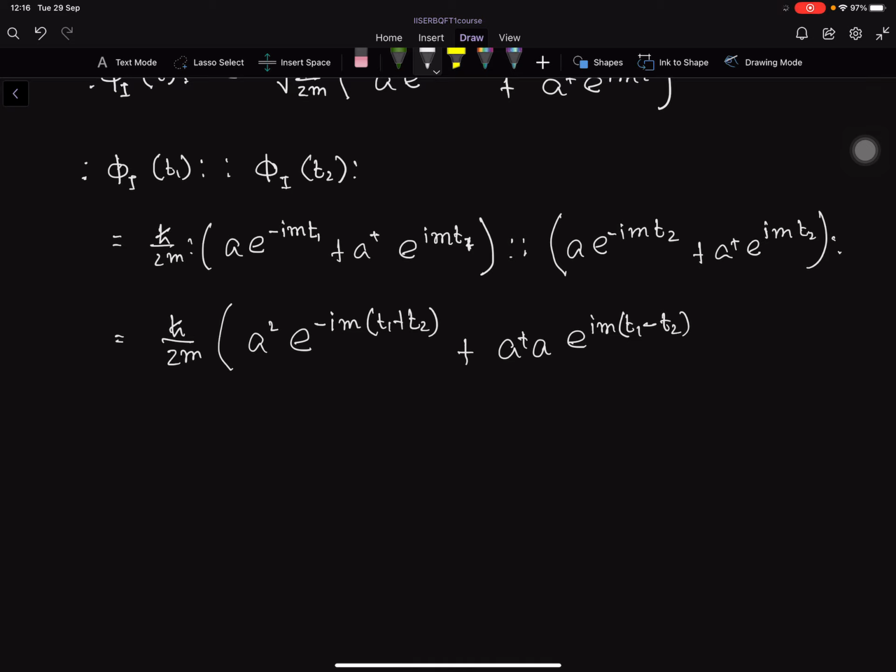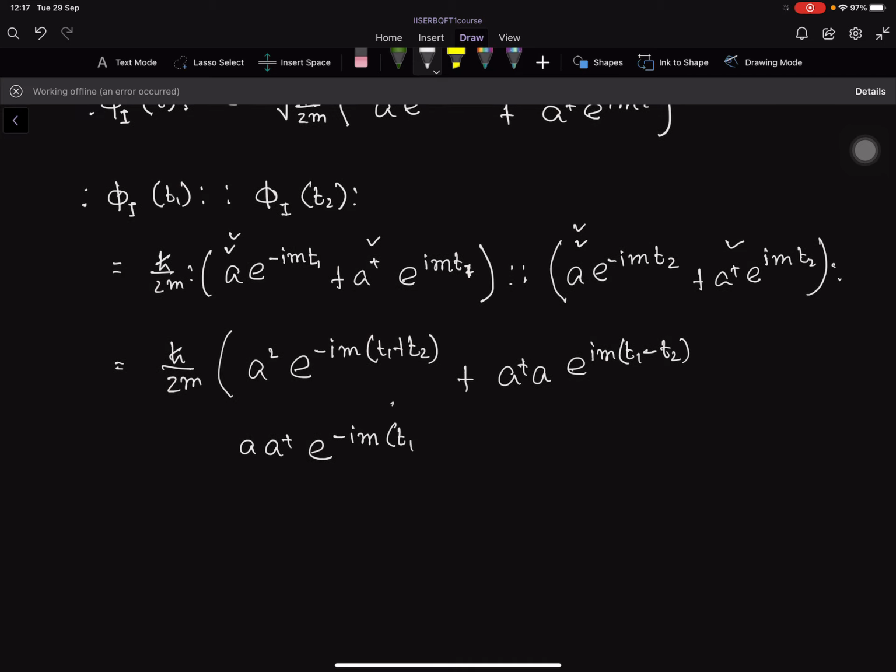Then first we have done this and this, then we have done this and this. So now let's do this and this. So this becomes a dagger a exponential minus im (t1 minus t2), and now let's take this and this, and this becomes a dagger squared exponential im (t1 plus t2).